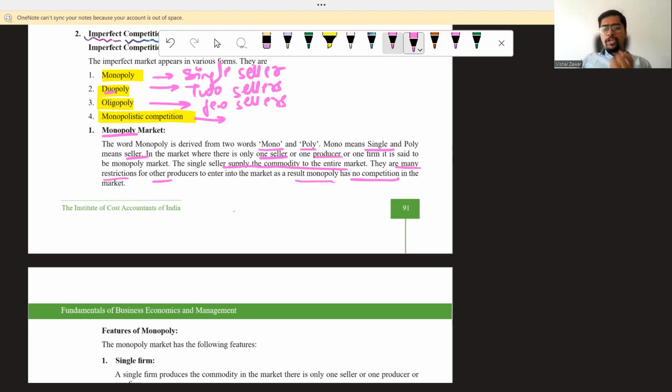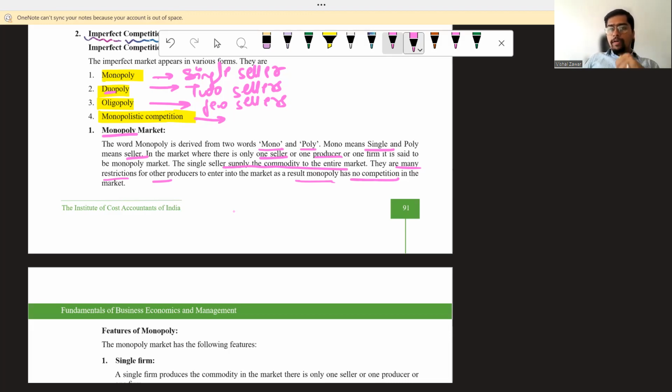Other restrictions means restrictions in the name of patent. Like if certain product is patented by a company, no other company has a right to manufacture the same product and sell it. If you want to enter into the market, you need to have something different than what this person is trying to sell, which may be a hindrance when you are trying to enter into the market.